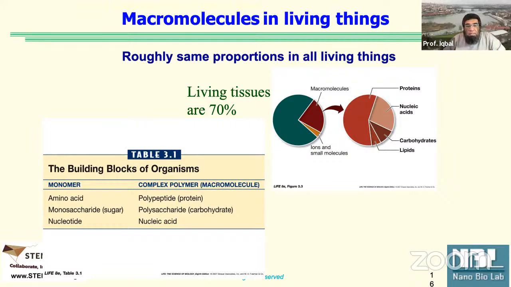They perform functions like movement of cells. And some of them, like DNA, do information storage, right? So each macromolecule is doing something different from the others.